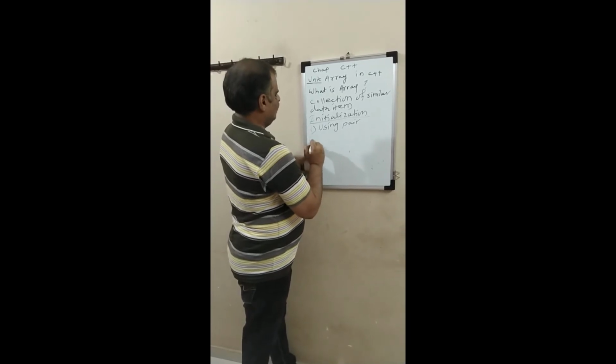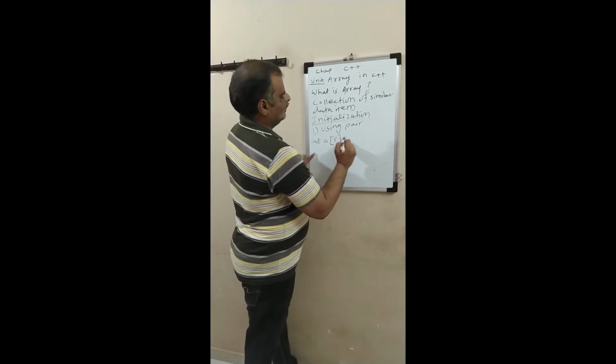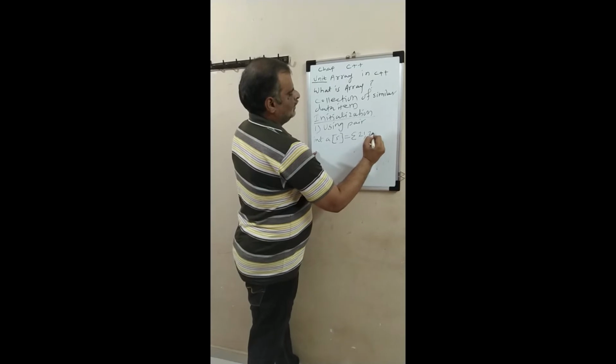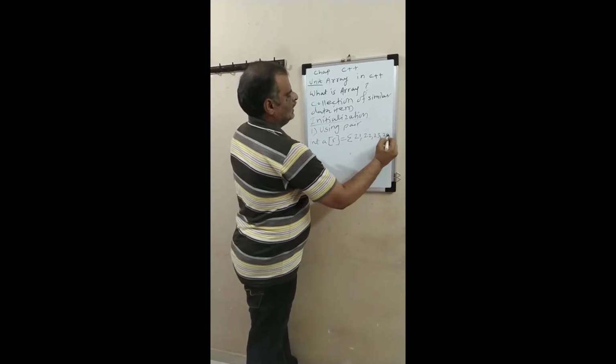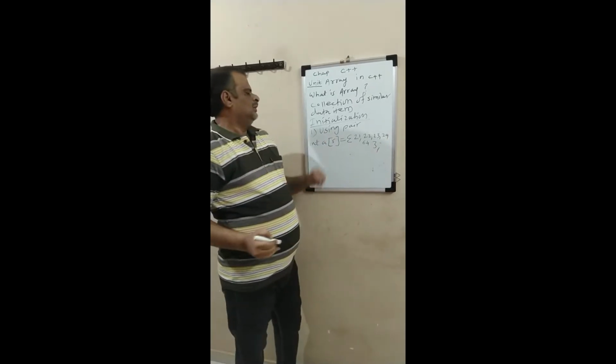Here is an example: int a, and I mention size 5, then the elements 21, 22, 23, 29, 64. These are 5 elements.